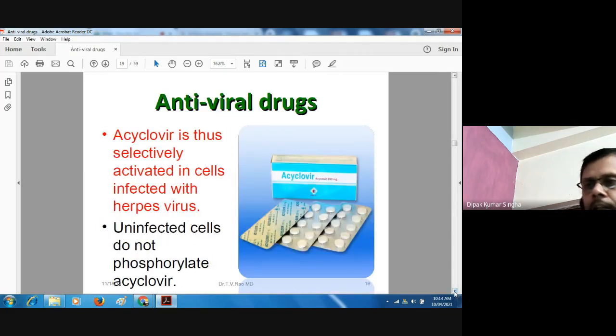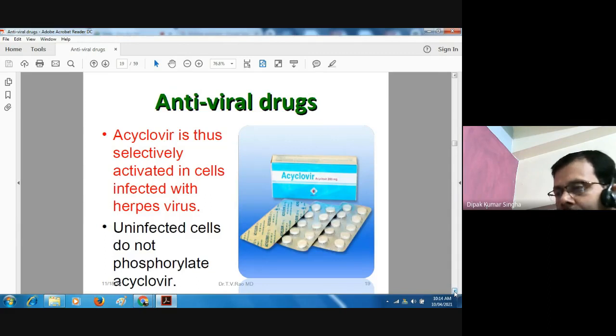Next, another point about antiviral drugs: acyclovir is selectively activated in cells infected with the herpes virus, while uninfected cells do not phosphorylate acyclovir.